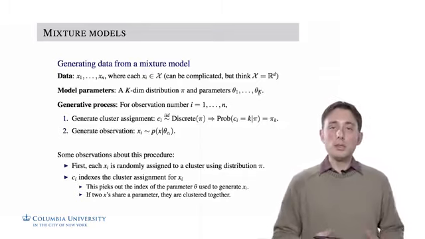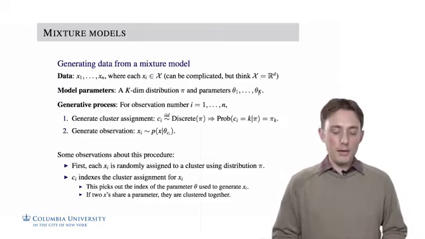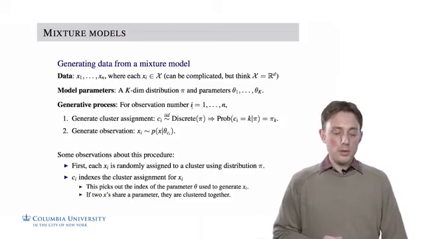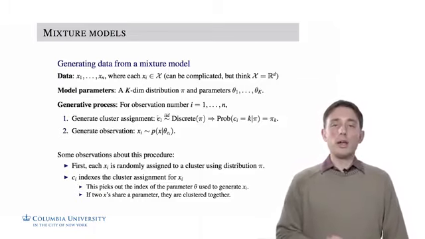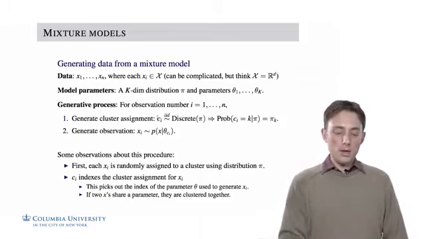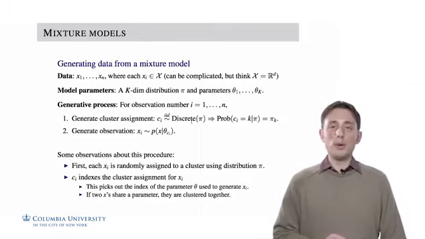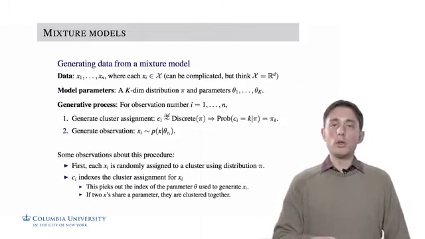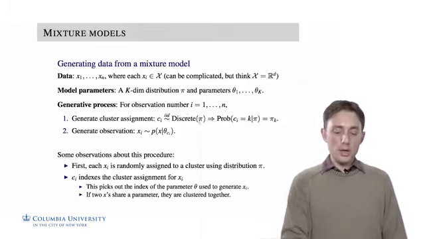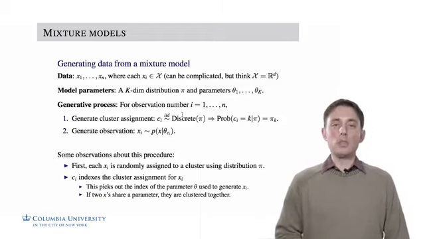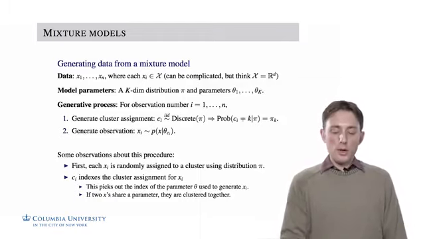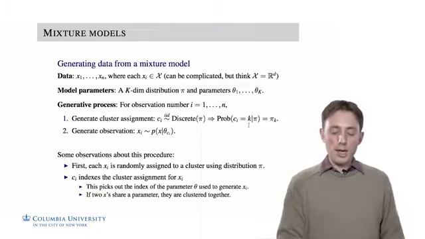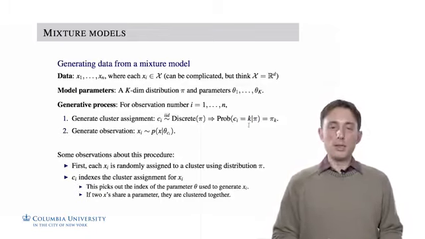The generative process, so the process for generating data from this model, looks like this, where for each observation, we first generate a cluster assignment using a discrete distribution with the parameter pi. And that is IID, so every single data point we're going to assume is generated independently and with the same discrete pi distribution, meaning that the probability that we assign any particular data point to the kth cluster given pi is equal to pi k.